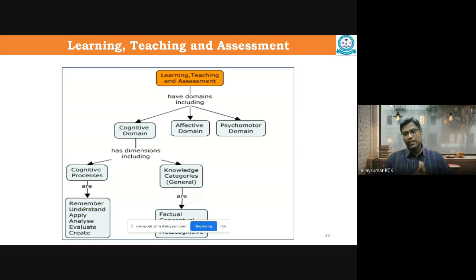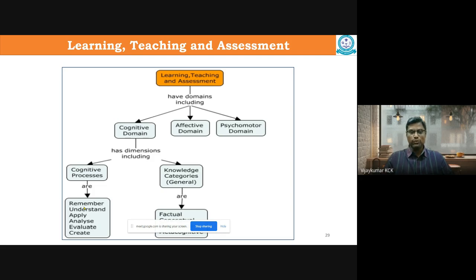The knowledge categories are factual, conceptual and so on. As far as cognitive process is concerned, people say K1, K2, K3, K4, K5, K6, or C1, C2, C3, like that. This is the main slide that you should remember.